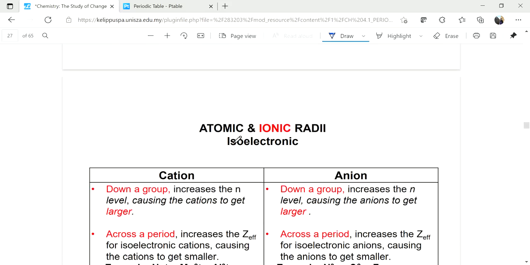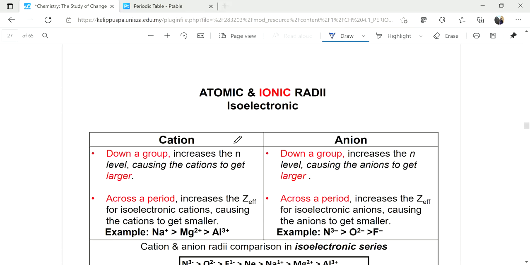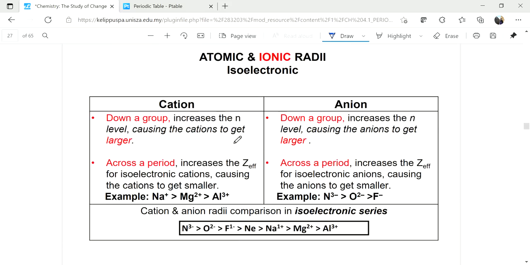Okay, next is the trend of isoelectronic species in cations and anions. So when going down the group, the principal quantum number and the energy level increase, causing the cation to get larger.